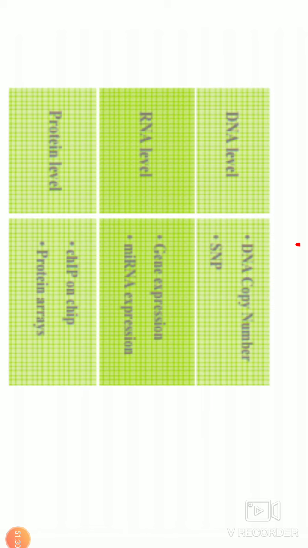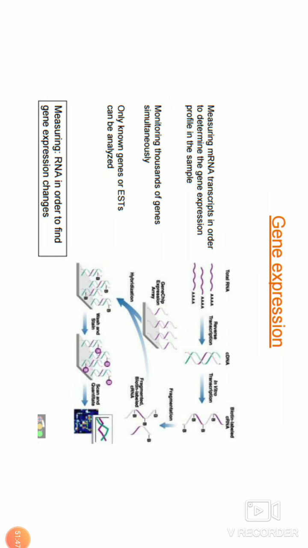At the RNA level, microarrays are extensively used for studying gene expression and microRNA expression. At the protein level also, microarrays are used by techniques called protein array and chip on chip technique. I'll just give you a glimpse here.